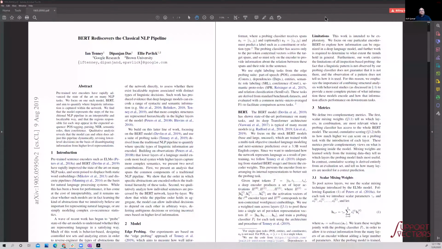This paper is quite interesting actually, and it follows the work of a few other papers, all of which try to ask an important question. We had the classical NLP pipeline, if you remember.